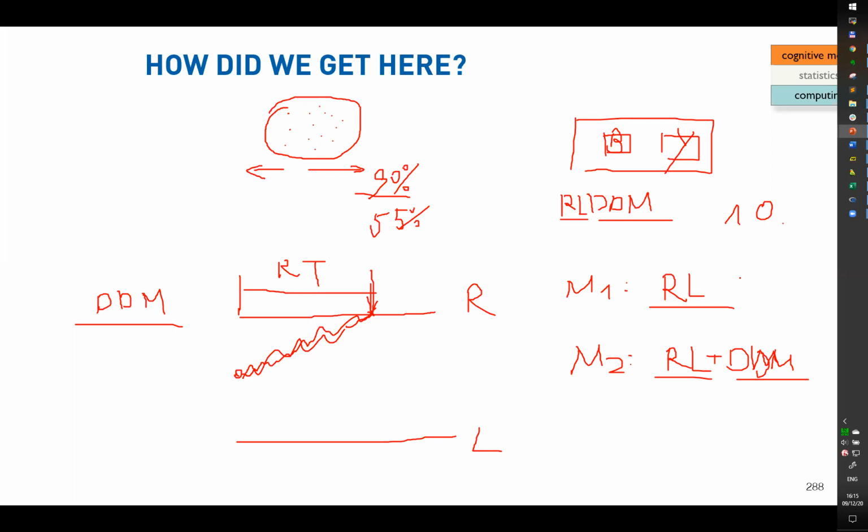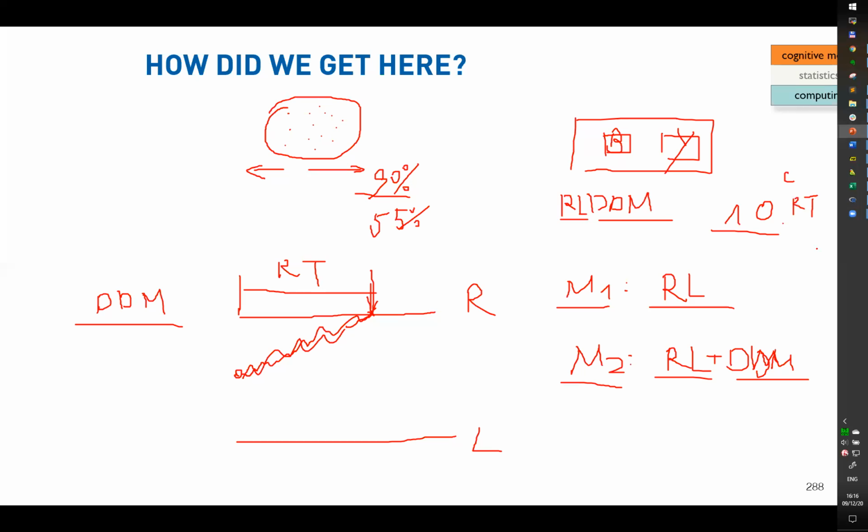And then we do model comparison and we find out that this one is worse than this, or better, doesn't matter. So does that make sense? Can we do that? Let me explain. We have the data from 10 participants, the choice data and the RT data.